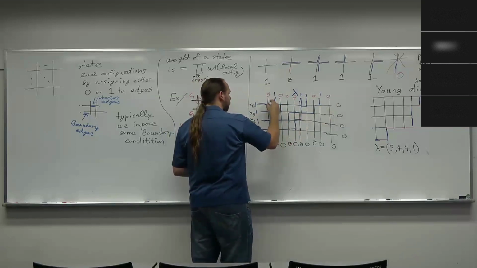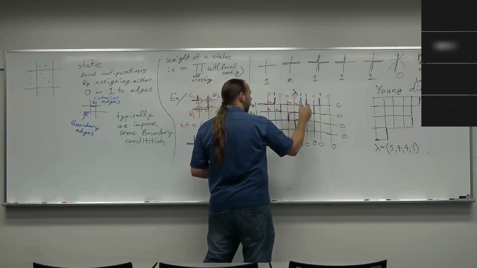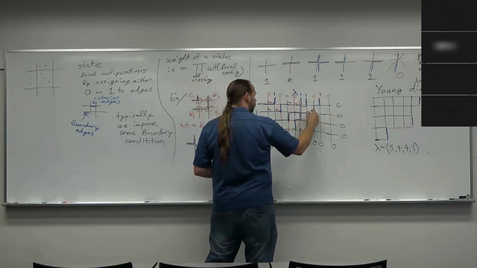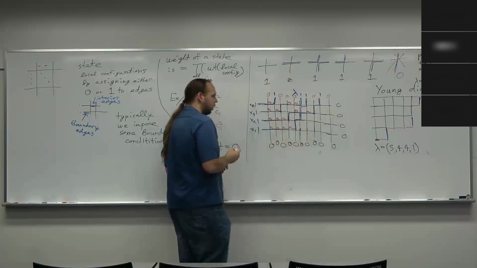Here's an x3, here's an x4, x4, x4. Here's another x3, x3, x2, x2, x2, x1, x1, x1, x1, like this.